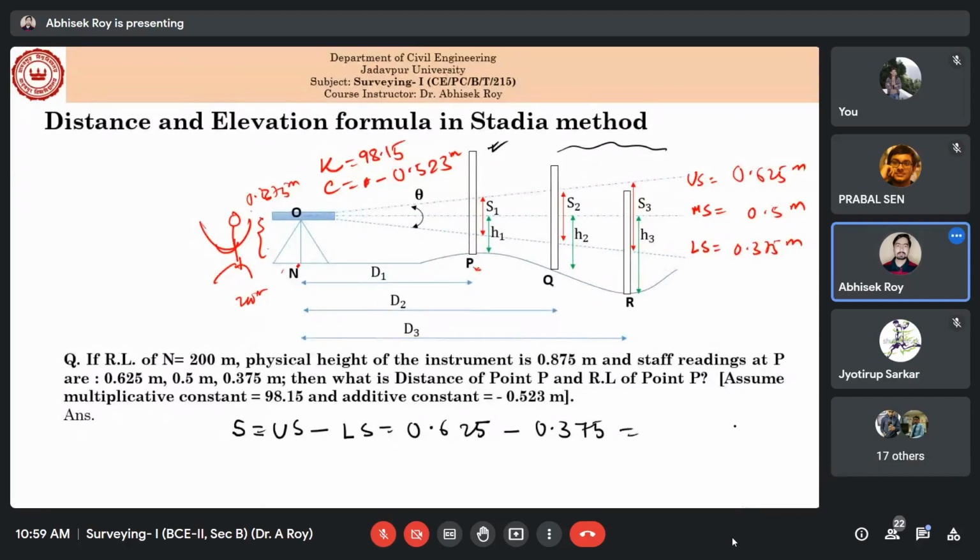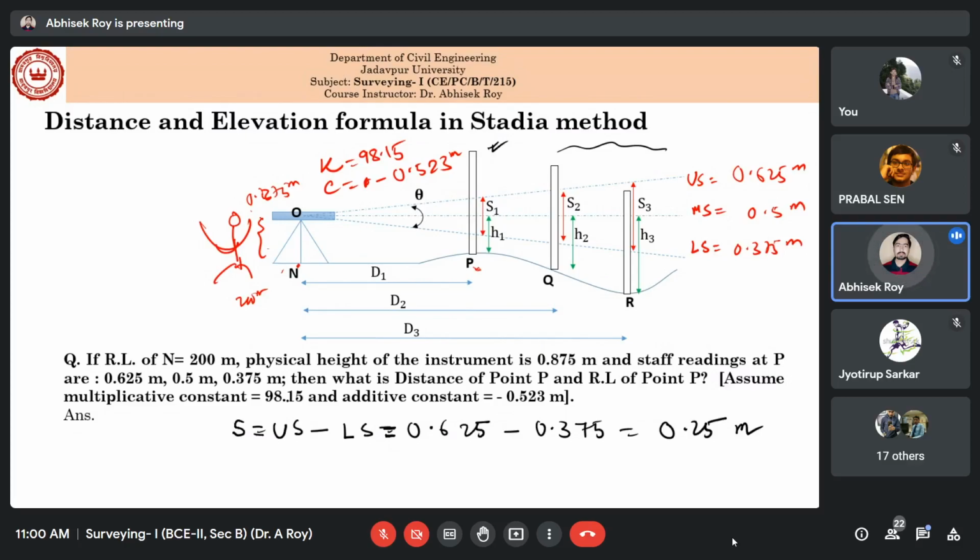Calculate and tell me what you get. Sir, 0.25. Right. So 0.25 meter.